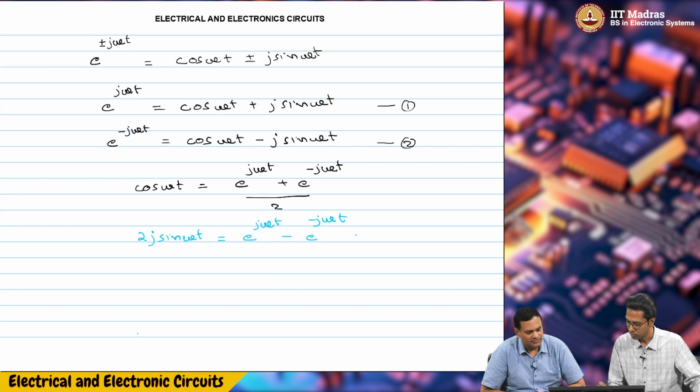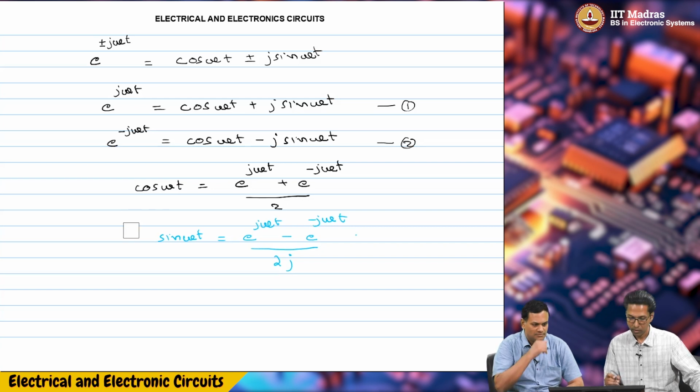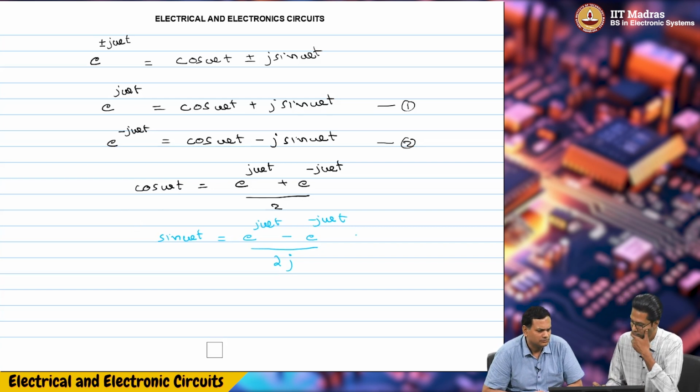So we want sin omega t. I'll bring this 2j here. I think this makes life easier.